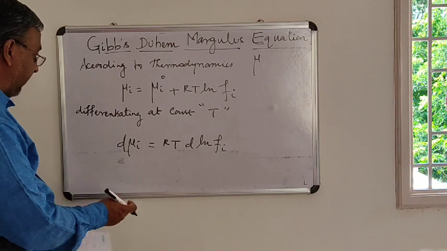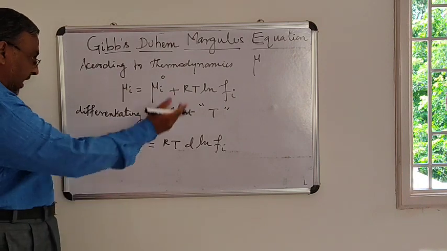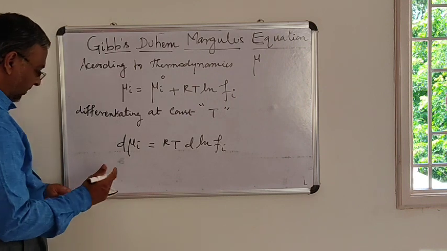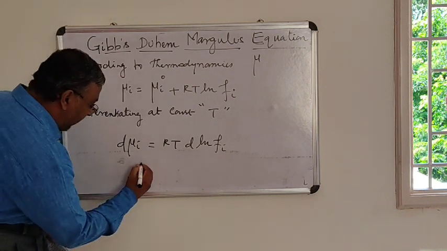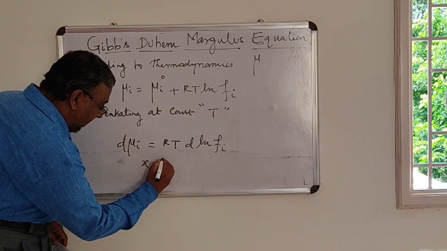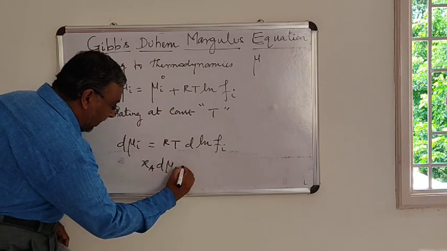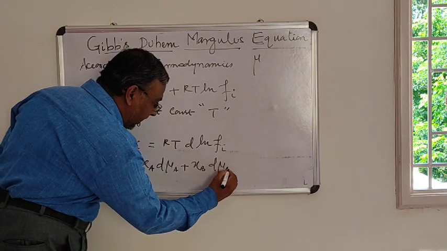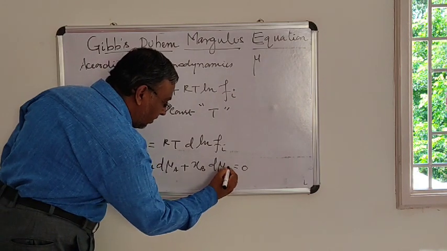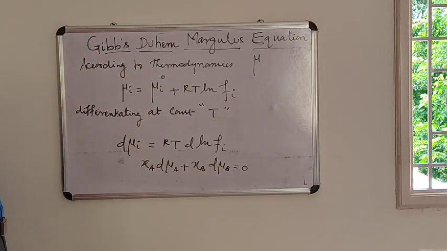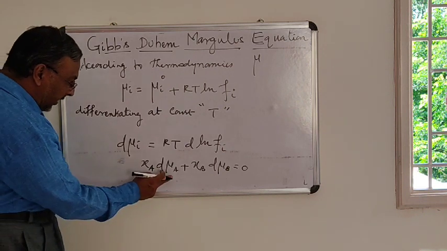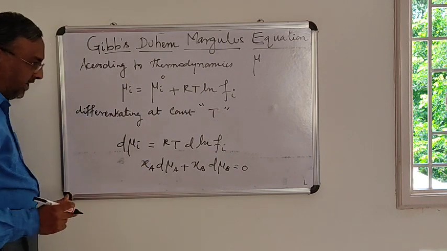Now, I am inserting this in the above equation. What is the above equation? Just now we have studied XA d mu A plus XB d mu B equal to 0. Now I am substituting this in this equation.